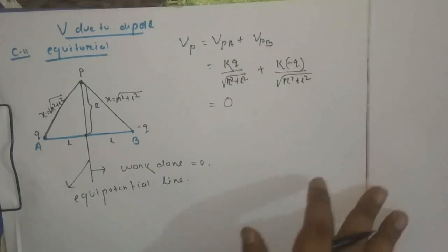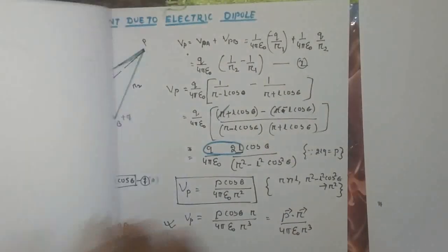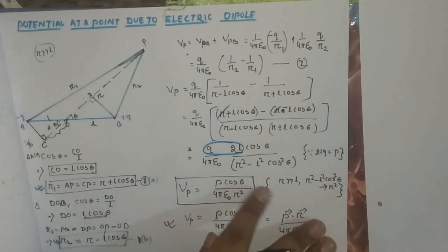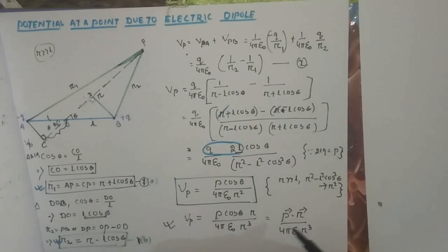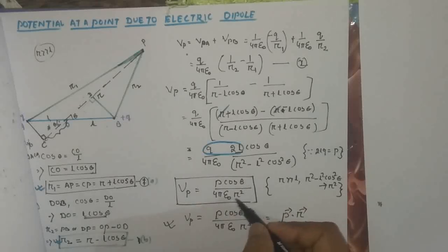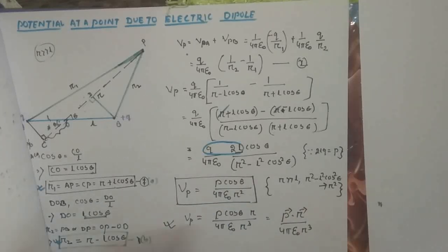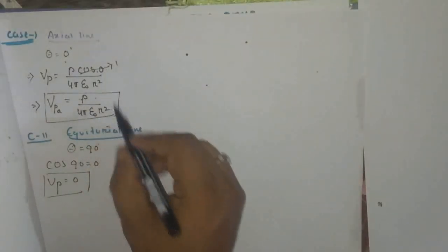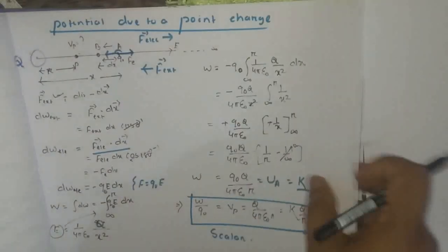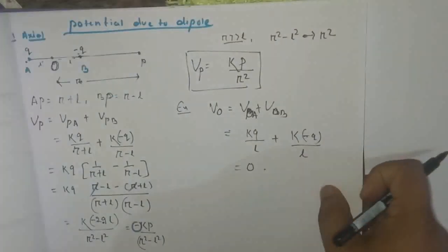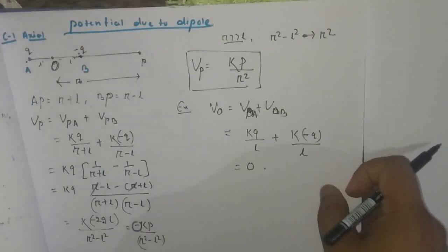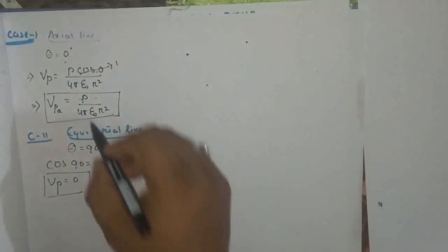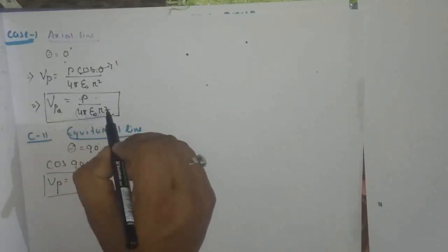Okay, that's it. So what we learned today: for the electric dipole we earlier derived this, that is P cos theta by 4 pi epsilon naught r square, or that is Kp by r square into cos theta. And this is for case 1, case 2. For the axial case, let us check it. Are we getting it? Due to the axial case, Kp by r square, yes, we got Kp by r square.